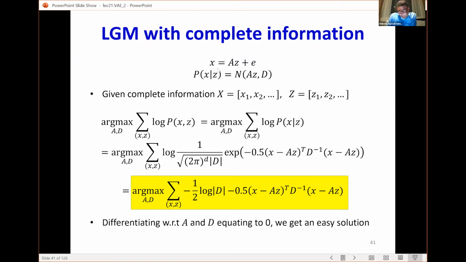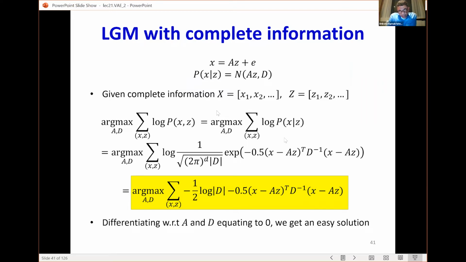And the probability P of X given Z is simply a Gaussian with mean AZ and the covariance D, right? So if I try to maximize the log likelihood of the complete data, because P of Z is not a function of A or D, it's the same as maximizing the log of the conditional probabilities of the data instances, X given Z.